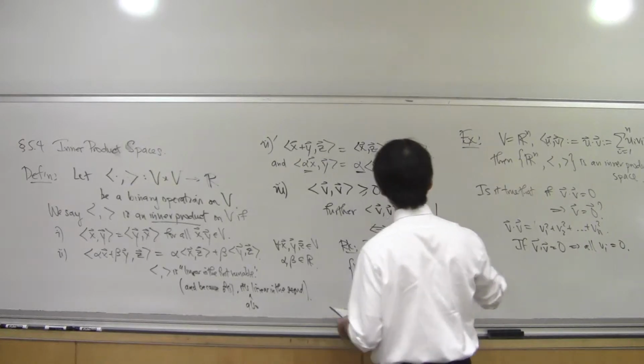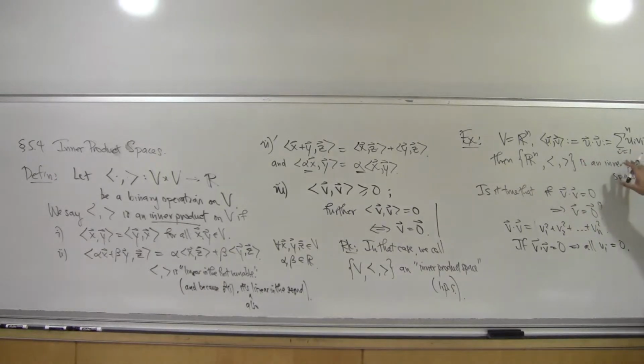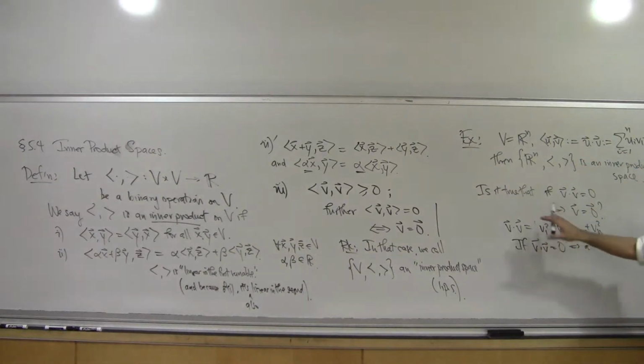So this is something that you have to check. If somebody asked, is this thing an inner product space? Well, you have to check all three properties. We checked part of the third property here. This is actually the hard part of the third property.